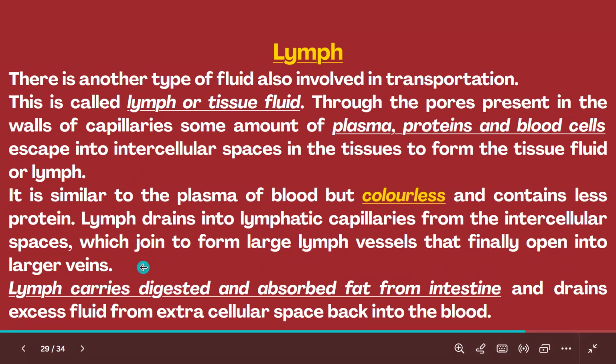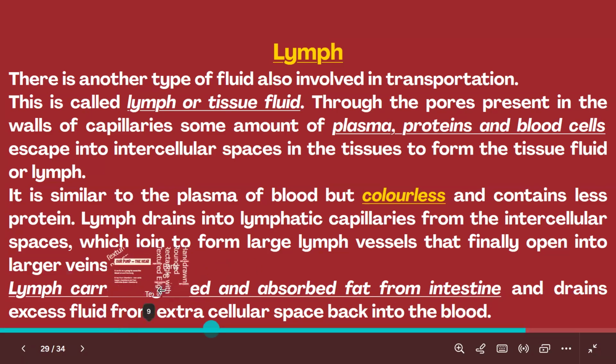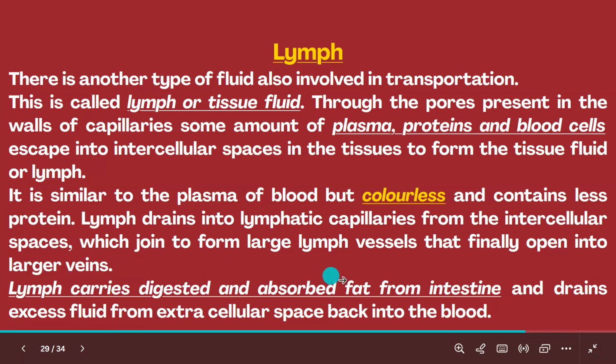What is the function of the lymph here? The lymph carries digested and absorbed fat from the small intestine and drains excess fluid from the extracellular spaces back to the blood.